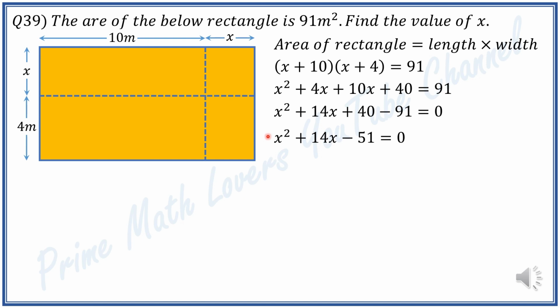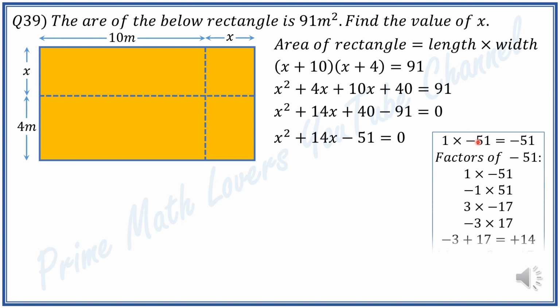So for doing this, I multiply the coefficient of x squared, which is 1, with the constant term, which is negative 51. So 1 times negative 51 is equal to negative 51. Then I write down all the factors of negative 51, which are 1 times negative 51, negative 1 times 51, 3 times negative 17, and negative 3 times 17.